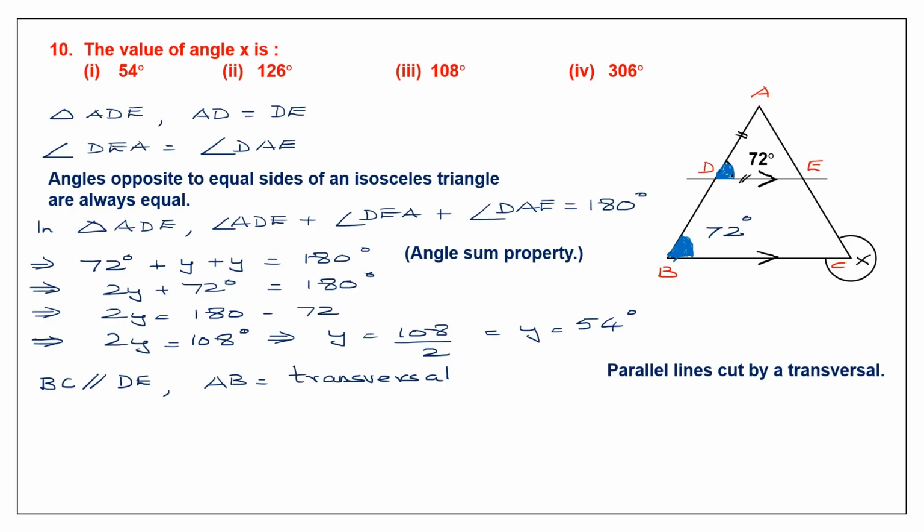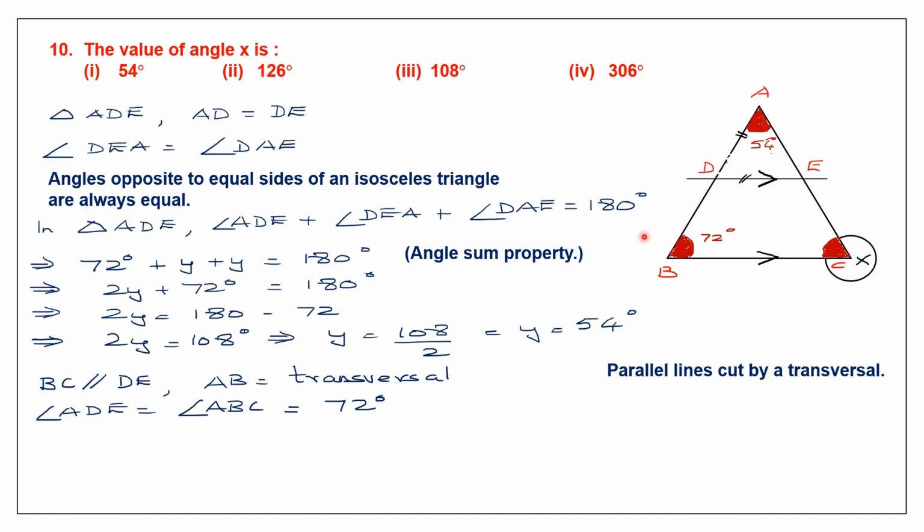So this is also 72 degrees. That means angle ADE is equal to angle ABC. So let's write that. Angle ADE is equal to angle ABC, and both are equal to 72 degrees. So we have found this angle also.